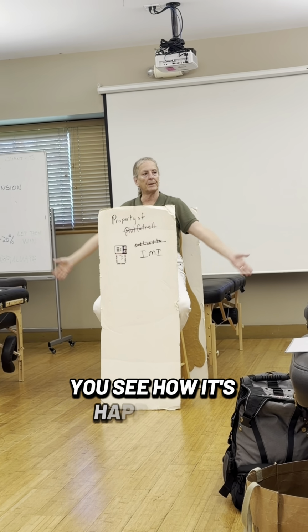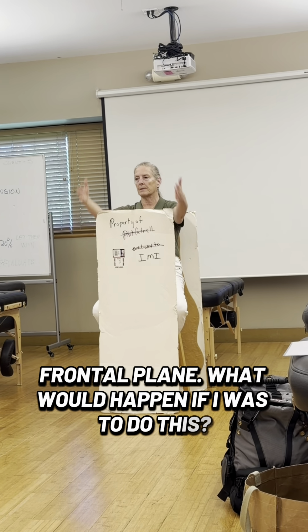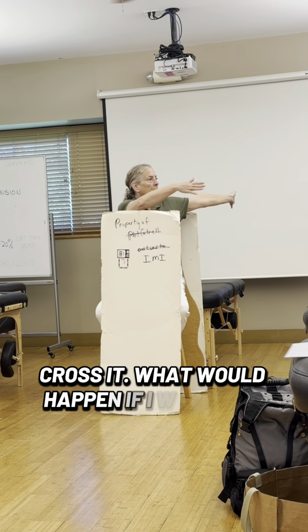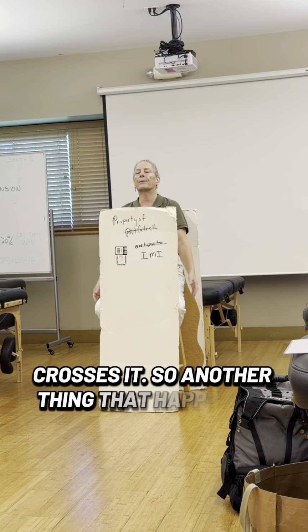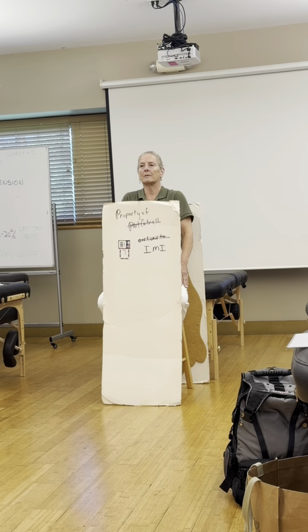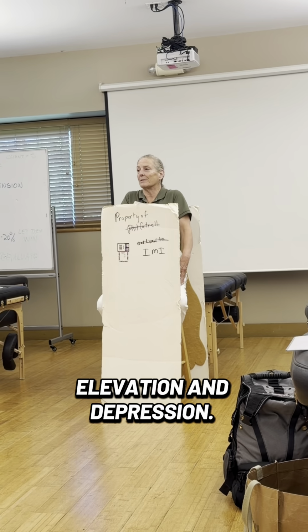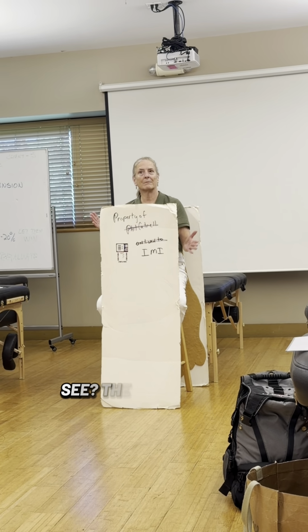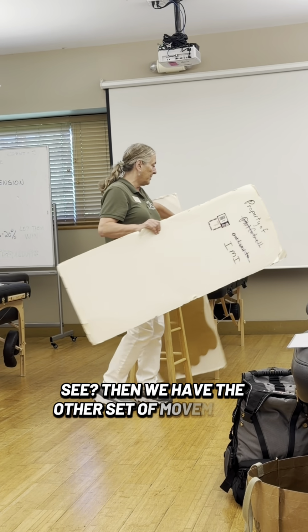Did you see how it's happening? Frontal plane. What would happen if I was to do this? Okay, crosses it. So another thing that happens in the frontal plane, elevation and depression. See? Then we have the other set of movements.